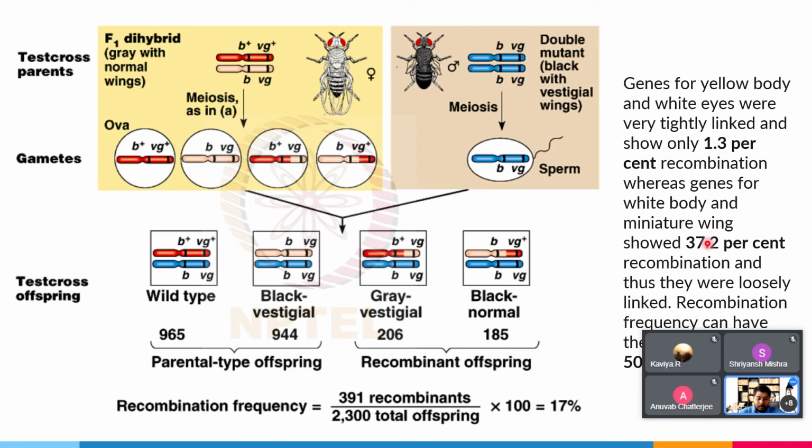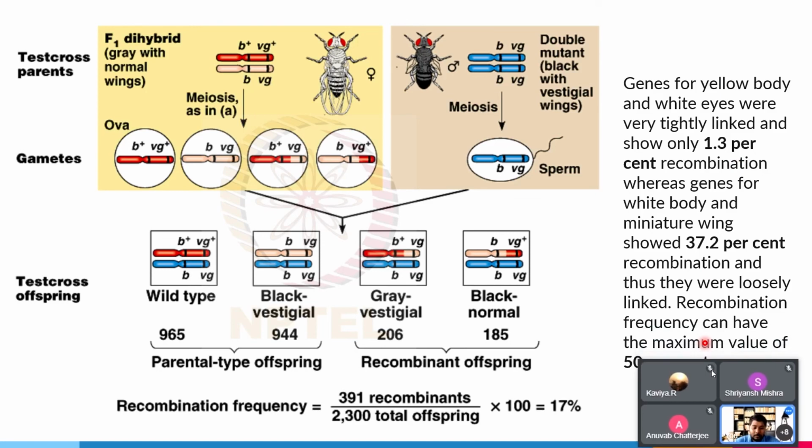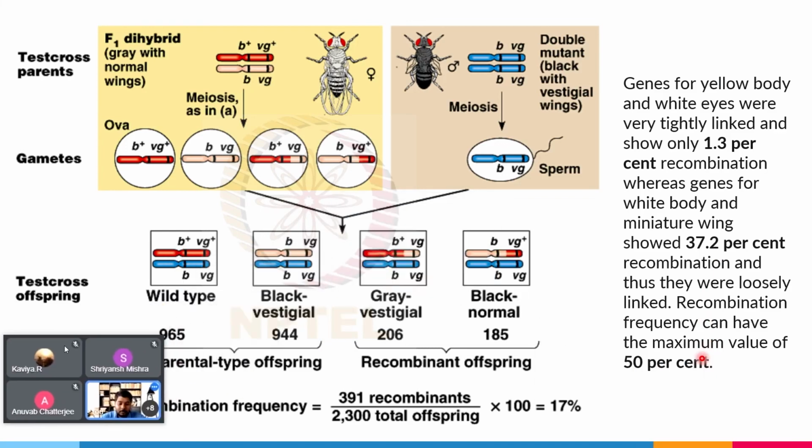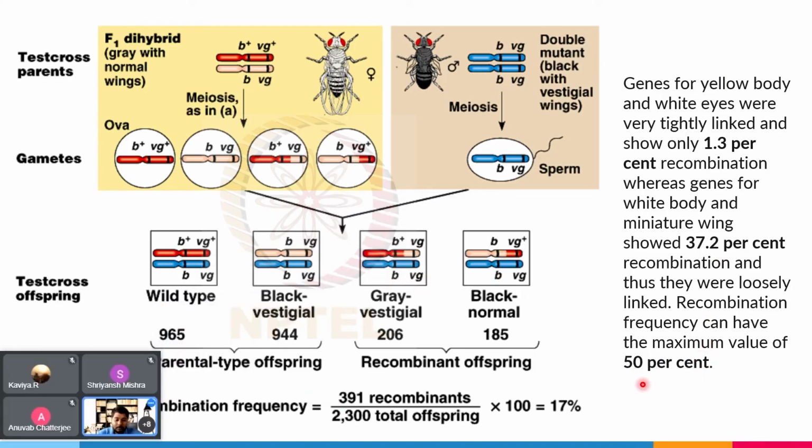For example, genes for yellow body and white eyes are very tightly linked and show a recombination frequency of only 1.3%. Whereas the genes for white body and miniature wing show a recombination of 37.5%, and thus this shows us that they are loosely linked. And recombination frequency can have a maximum value of 50%.